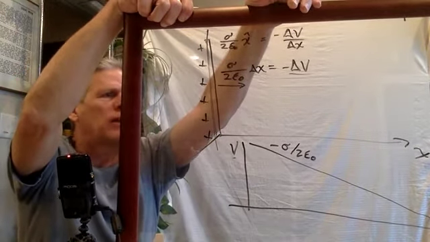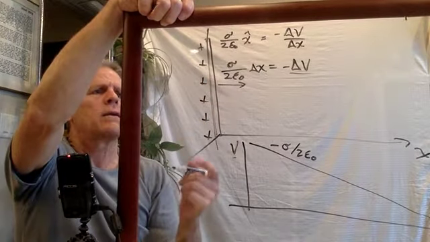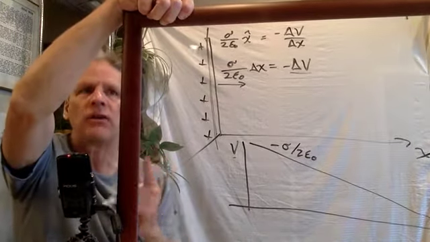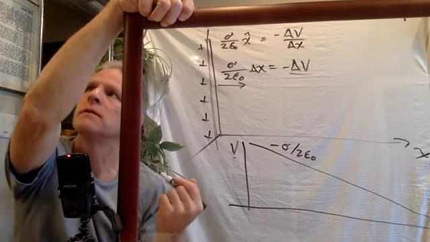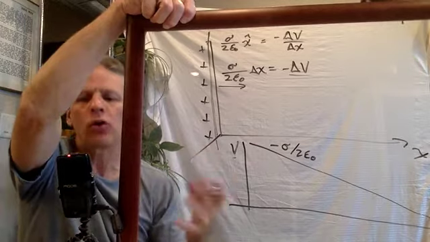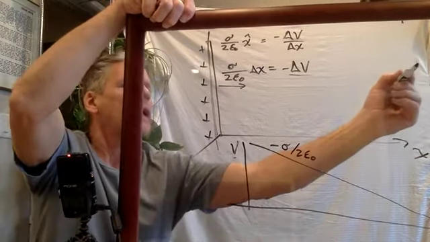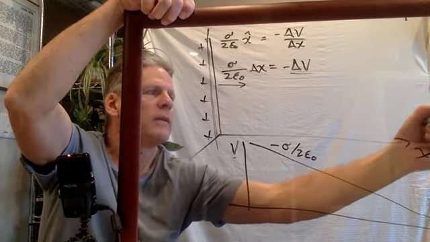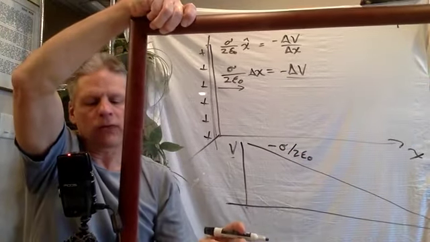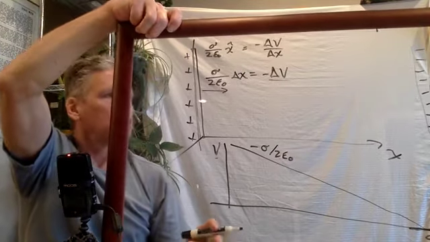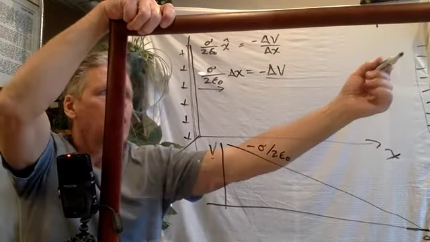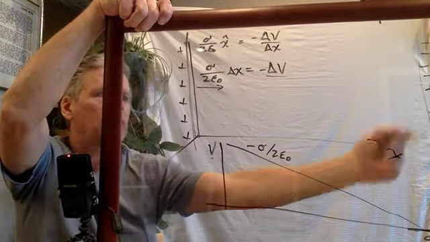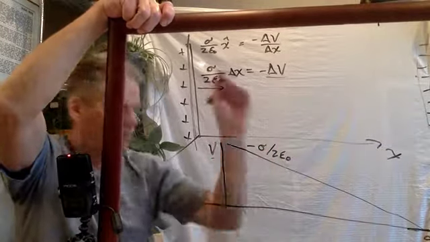Okay, so now the question is, what would happen? How much work, how much energy would we gain? Yeah, that's the way to say it. Or how much work would it take to take a negatively charged plate way out here, at infinity?